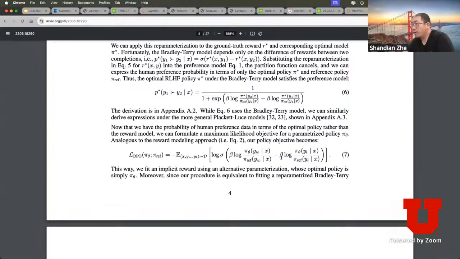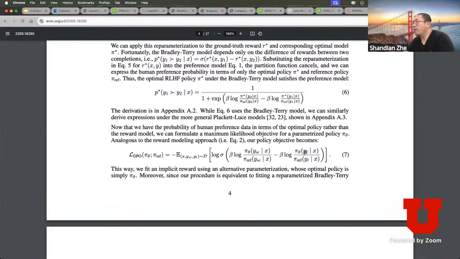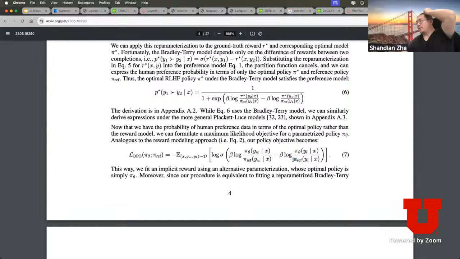For a given prompt, the large language model generates two answers, and they label them as win and loss, and then the objective is just to make sure the good answer is better than the bad one. So they still have this human preference data, but they don't need to use the value function.